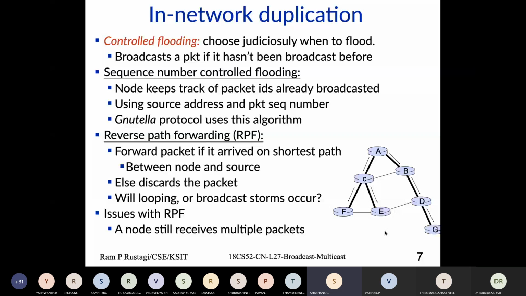These two are the shortest path. No, see, A to C, C to E; A to B, B to D, and D will forward it, because when D receives a packet, it receives it on the shortest path. When F receives a packet from A to C, C to F, this also came on the shortest path, so F would also forward it.